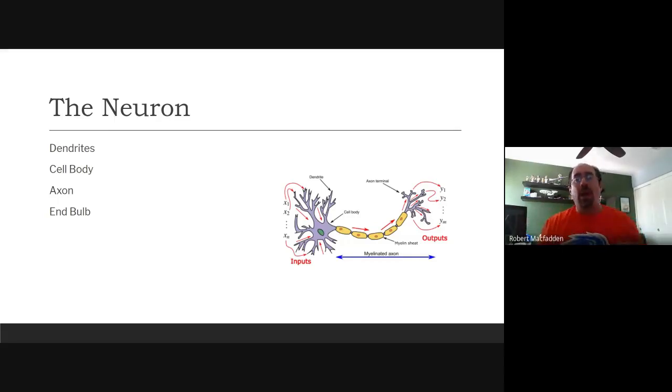So if two axons were to touch one another, you could get a short circuit and you could get neurons going in all different directions, which some people argue causes different neurological disorders that they can't control. But the myelin actually works to insulate the axon so that they don't short circuit.